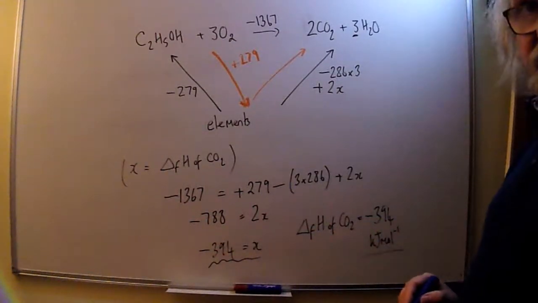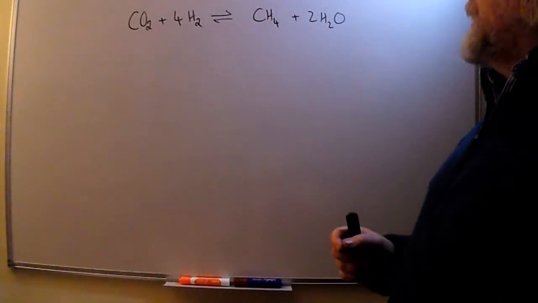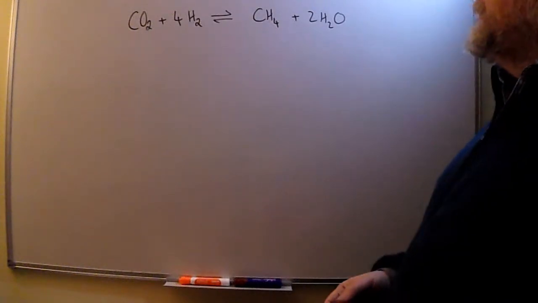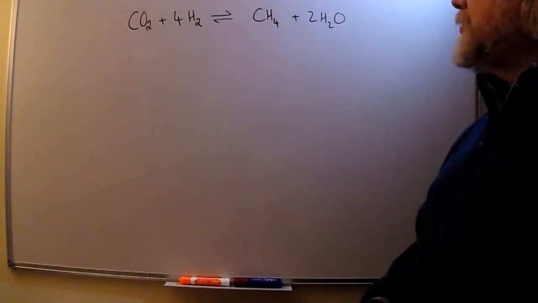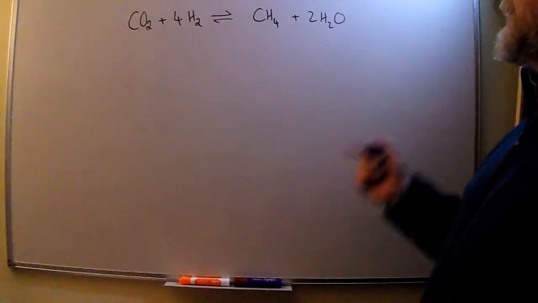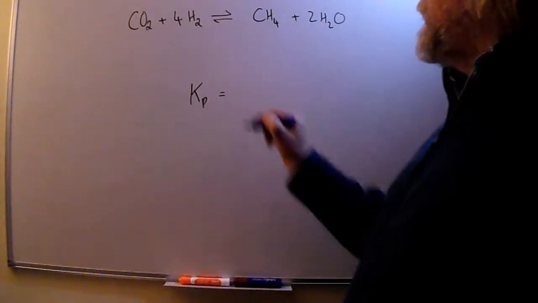And that's the answer. Part B then is about this, which is the Sabatier reaction, and it wants first of all an expression for Kp. For this, be careful with equilibrium questions, make sure whether it wants Kp or Kc, don't go off in the wrong direction, but this one wants Kp, so you just follow the usual recipe.